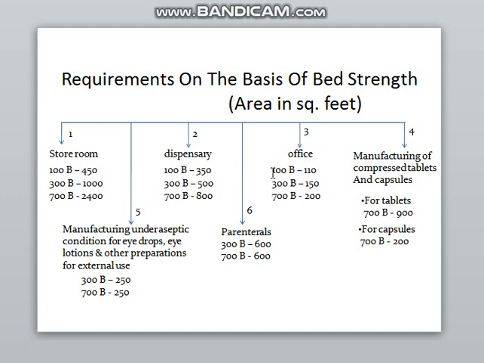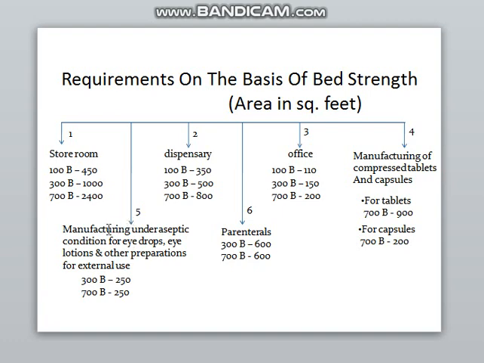For the office, 100 beds require 110 square feet, 300 beds require 150 square feet, and 700 beds require 200 square feet. For manufacturing of compressed tablets and capsules, for tablets, 700 beds require 900 square feet, and for capsules, a 700 bed hospital requires 200 square feet.